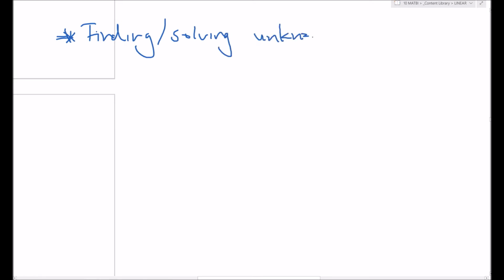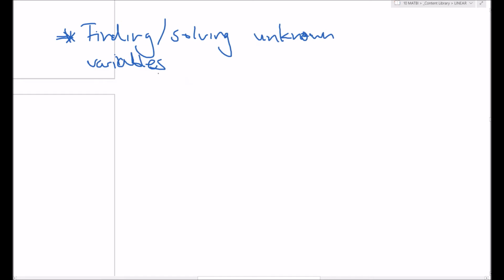Okay, the third thing that we will need to know for solving linear equations is finding or solving unknown variables. Okay, so a variable, remember, is a letter.